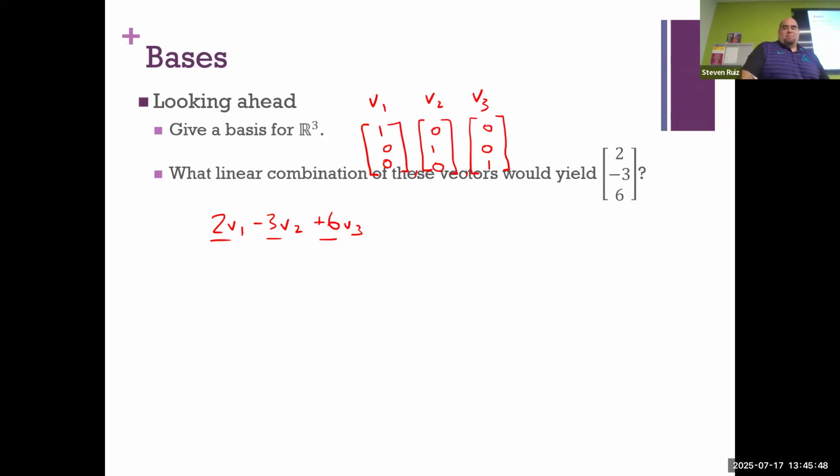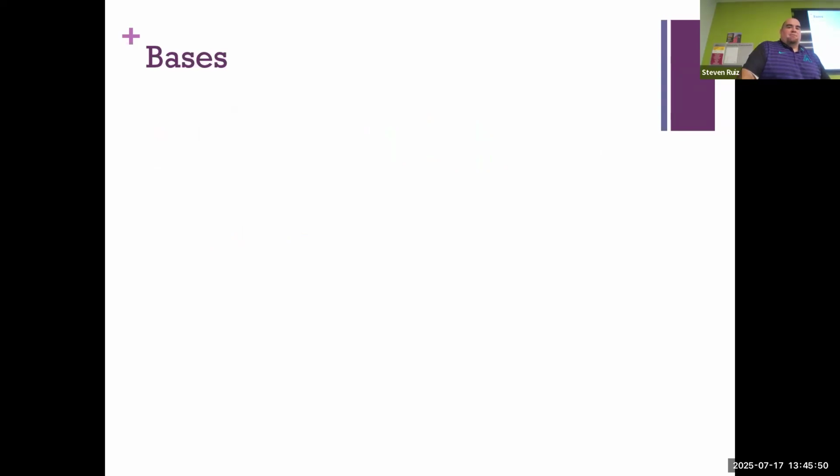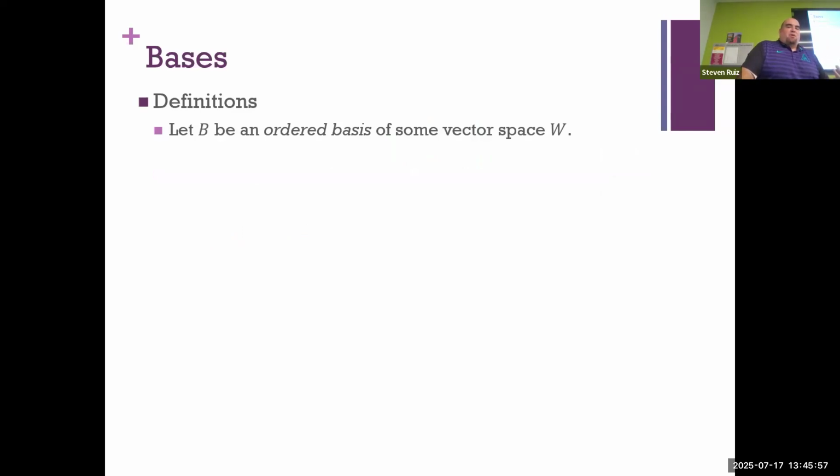Okay, so let's put some generality to this building up idea. We're going to put more and more restriction on this idea of a basis. We're going to call it an ordered basis. So what do we mean by ordered basis? In general, the 3 vectors I just wrote down, it's also a basis, and it's the same basis if I just switch 2 of the vectors, if I put them in different places.